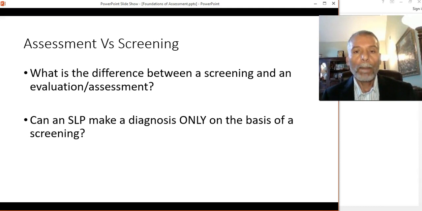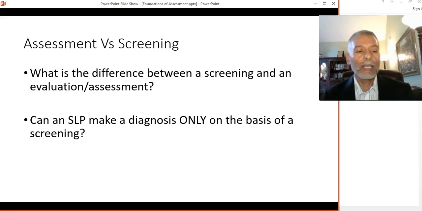Now, why do we do screenings? The purpose is not to make a diagnosis. You cannot, in speech and language pathology, make a diagnosis based on 10 minutes or 5 minutes that you see a patient, and say they have this disorder, let's start therapy, or they do not have the disorder, and send them away.